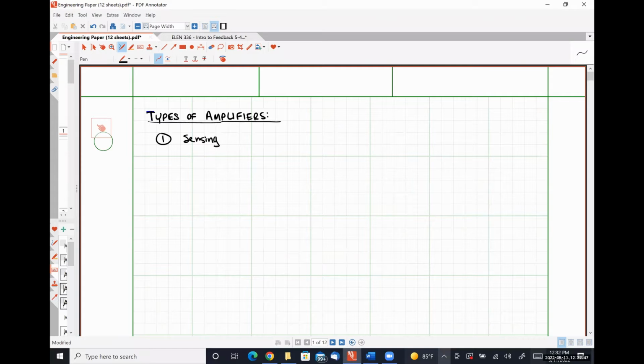Okay. So for sensing, we have two different options. All right. So let's consider this guy. I'm going to try to draw something here. Unfortunately, there's going to be a reasonable amount of drawing today. So let's say that this represents the output stage of our open loop amplifier circuit. And here are our output terminals.